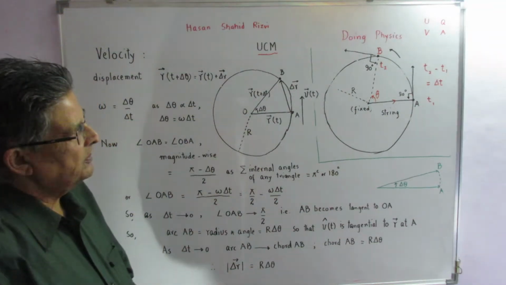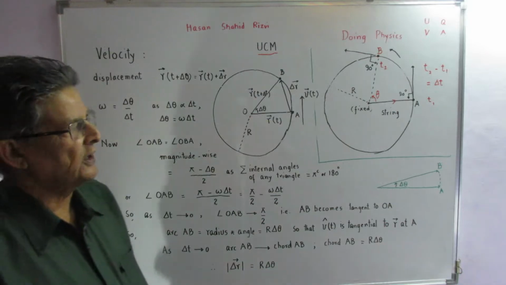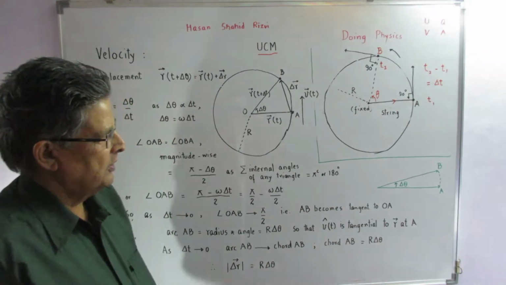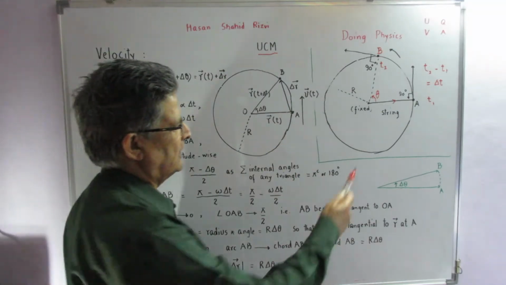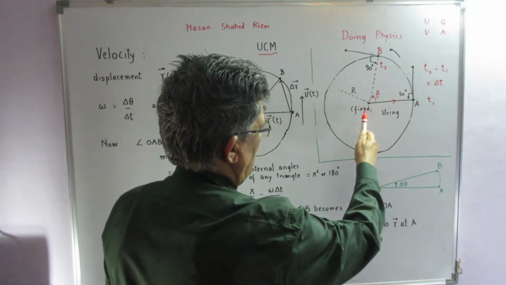So for the UCM, uniform circular motion, where equal distances were traveled in equal amounts of time, we took the case of a horizontal circle and a mass A which was fixed.